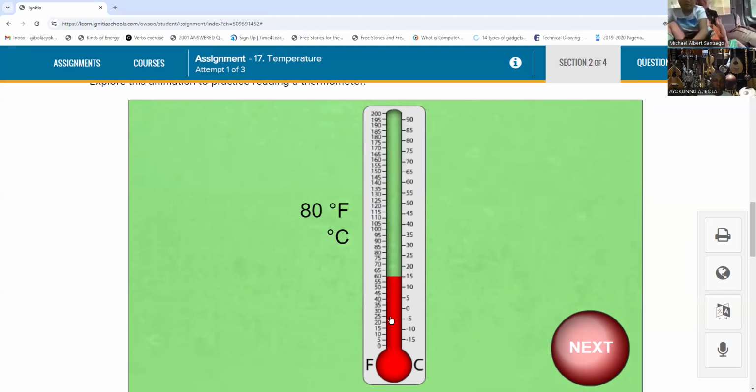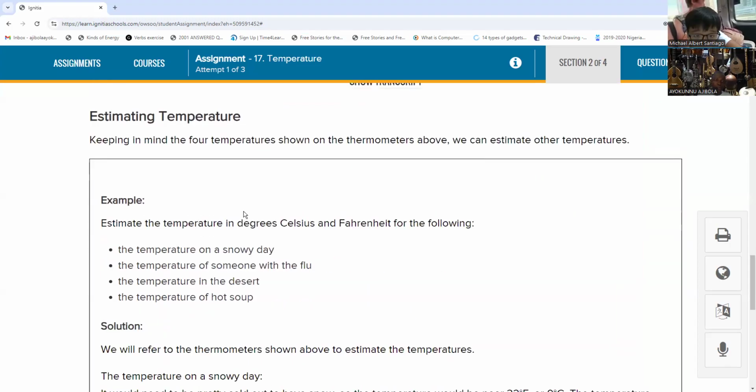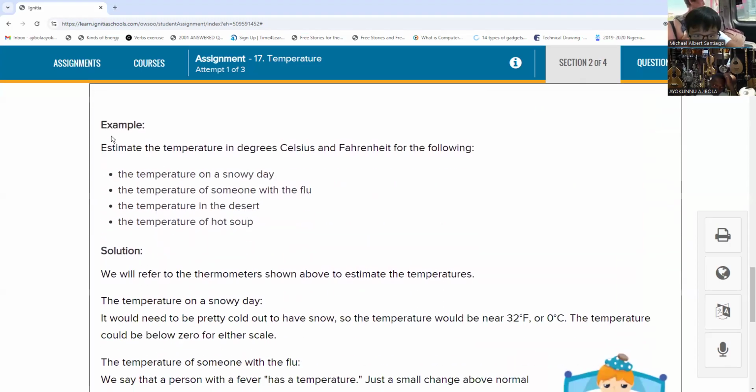Then 80 degrees Fahrenheit. So this is 80 degrees Fahrenheit. Then the next one, 80 degrees Celsius. So with that, let us look at this example.